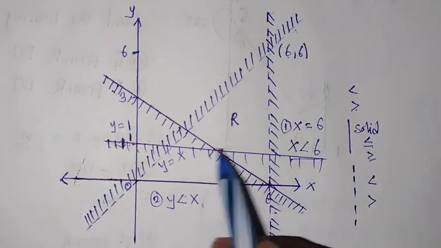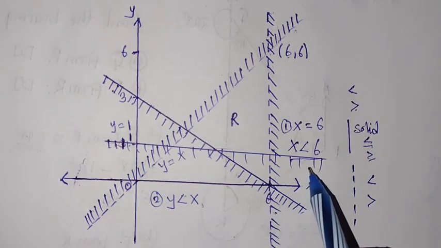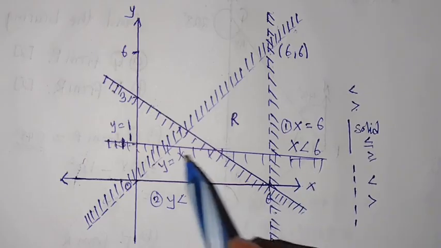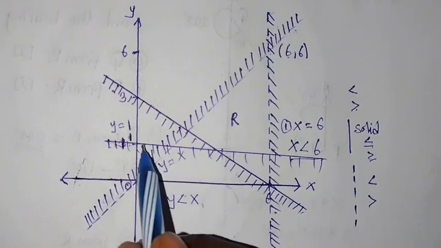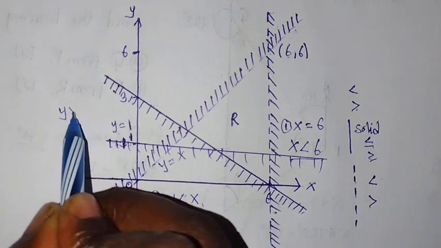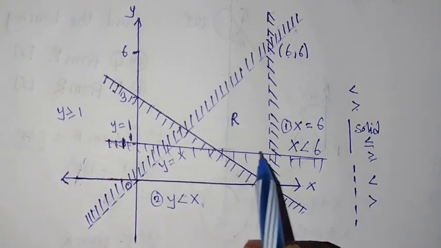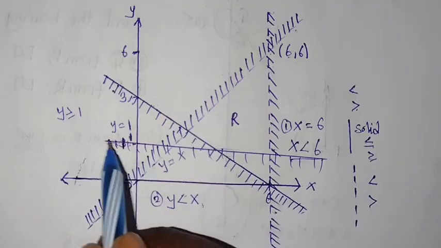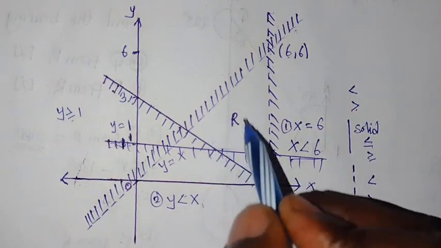So the shaded part is down here, which is less than 1. Then the unshaded part is the upper region, which is greater. So we say y is greater than or equal to 1 because the line is a solid line. That's why I've put the equal to. So we are defining the unshaded region, which is on top.